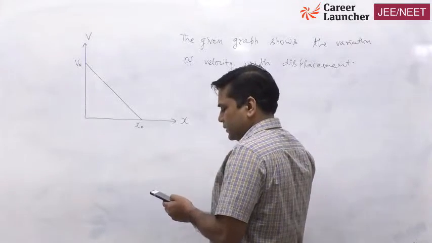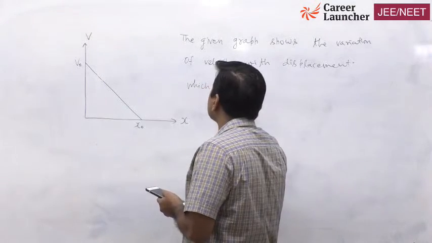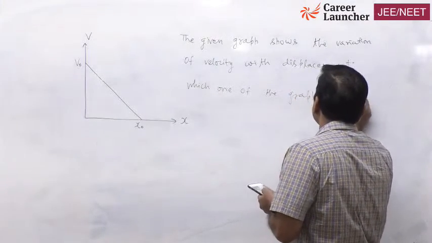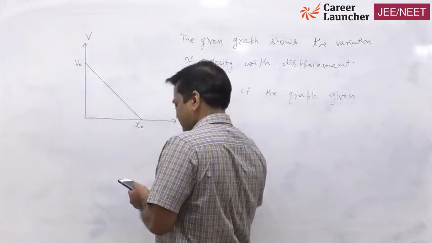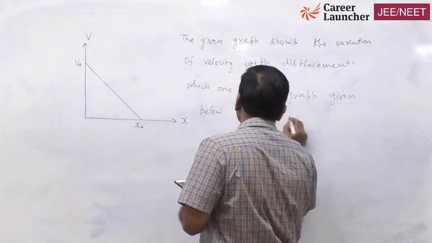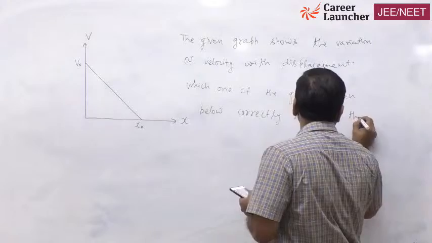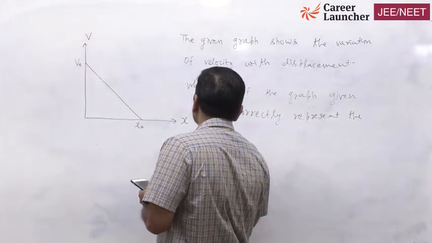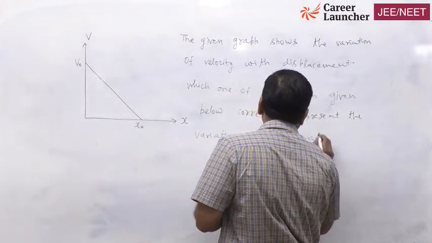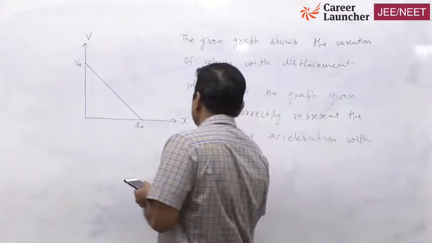Which one of the graphs given below correctly represents the variation of acceleration with displacement? So I'm going to draw 4 graphs related to that.